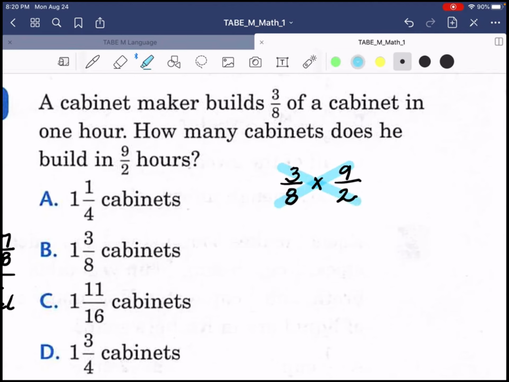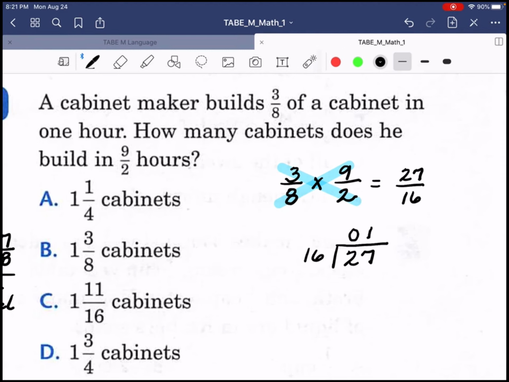You see it makes that nice multiplication X in blue there. 3 9s are 27, and 8 times 2 is 16. And then that's top heavy, so we'll need to divide it through. 27 divided by 16 is going to be 0 times in the 2.